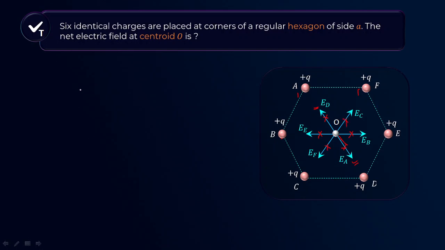So now can I say that E net equals E1 plus E2 plus E3 plus E4 plus E5 plus E6, all in vector sum. All their magnitudes are equal.